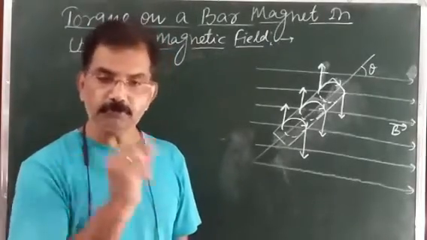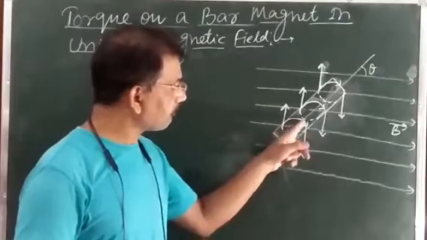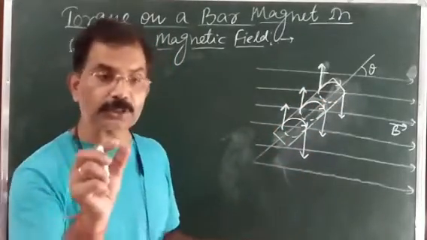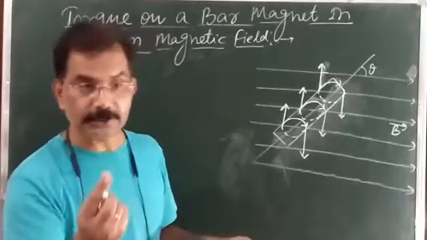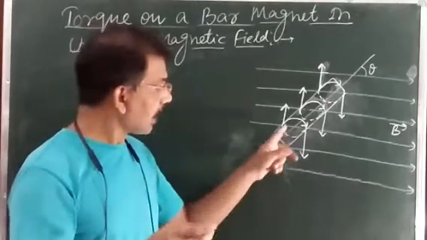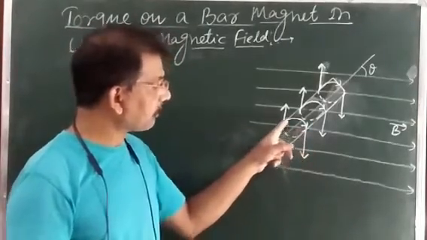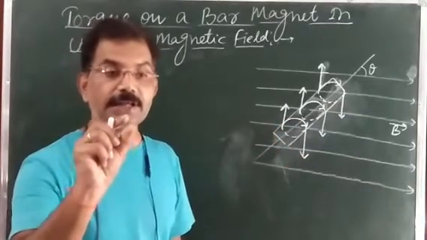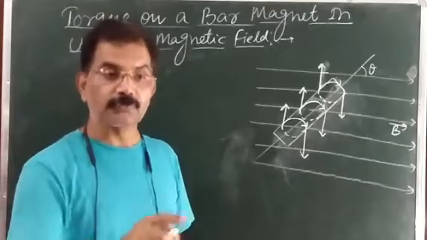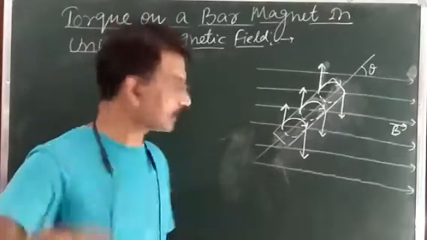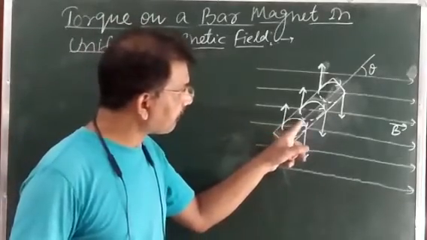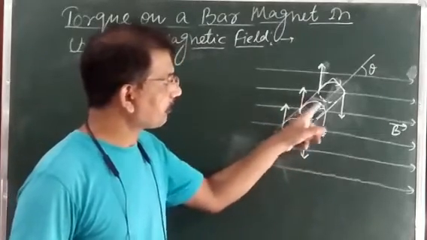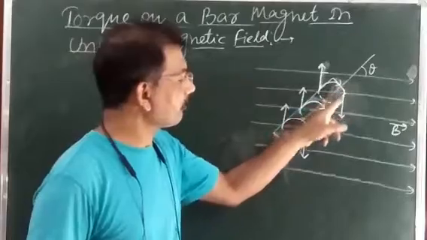So we can assume each atom of this bar magnet behaves like a current loop, because every atom will behave like a magnet. If it behaves like a magnet, we can assume it to be a tiny current loop which are oriented in the same direction. So each atom of this magnet we consider as a current loop according to the modern view.